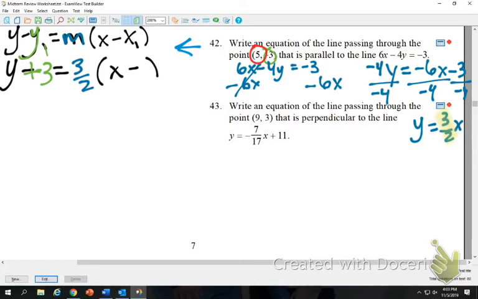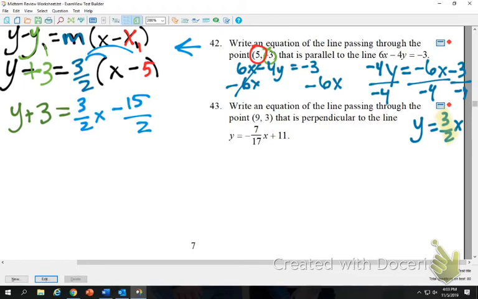The x I'm going to plug in over here is 5. So we're going to distribute. So 3 over 2x minus 15 over 2. Subtract 3 over 1. y equals 3 over 2x.